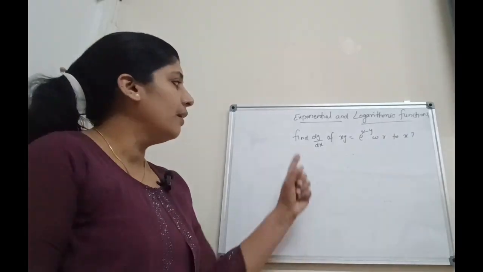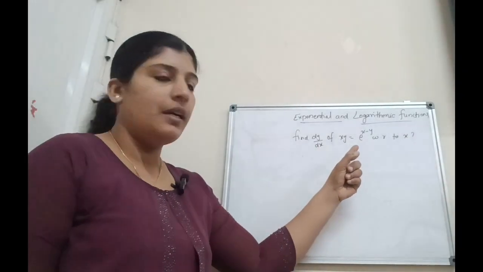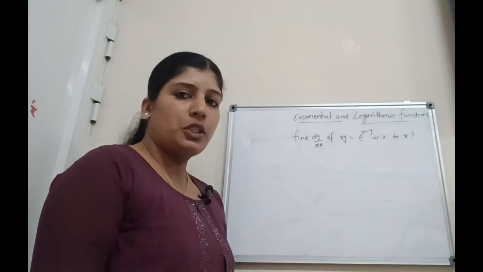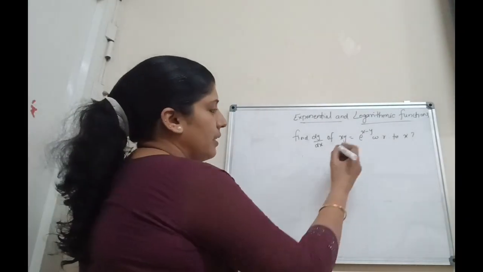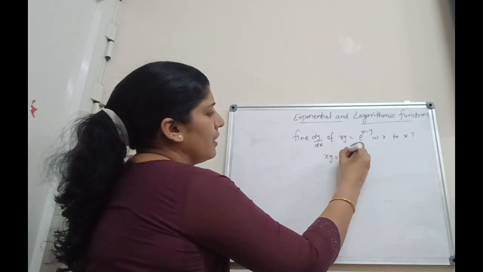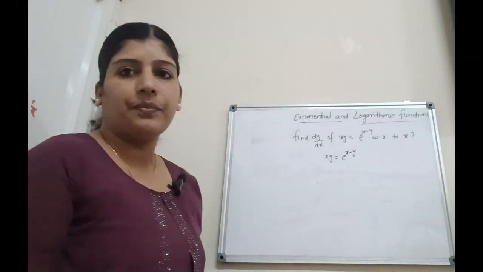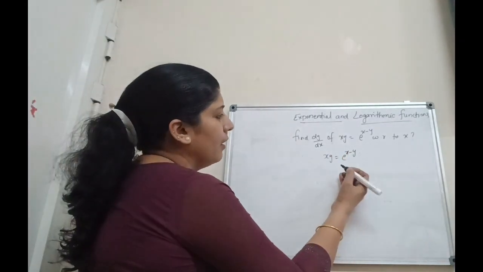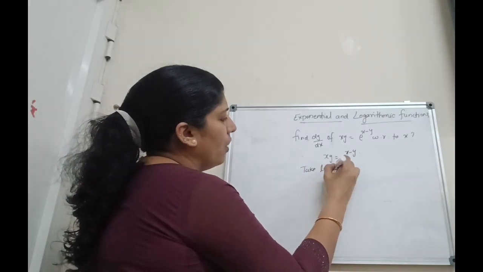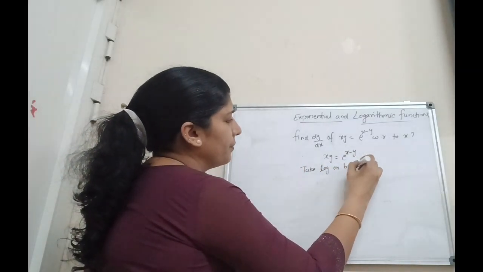Next, consider the question. Find dy by dx of xy equal to e raised to x minus y with respect to x. Here the given xy equal to e raised to x minus y. Next, we can consider log on both sides. Take log on both sides.